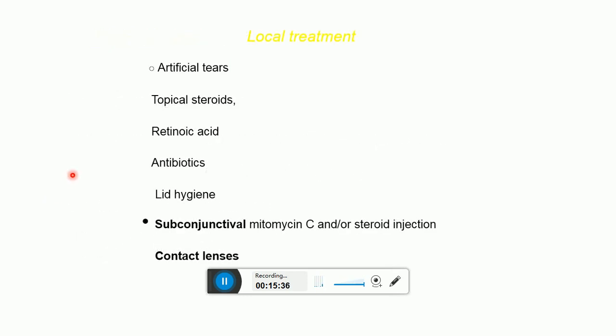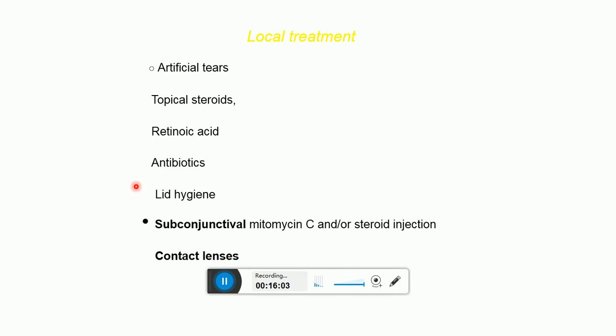Now the local treatment. It consists of topical preservative-free artificial tears, topical steroids, cyclosporine, and tacrolimus, as an adjunct to systemic immunosuppressive treatment. Retinoic acid to reduce keratinization, antibiotics, lid hygiene, and low-dose oral tetracycline for blepharitis.